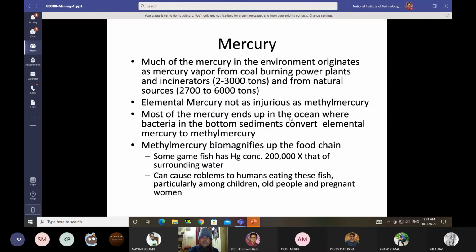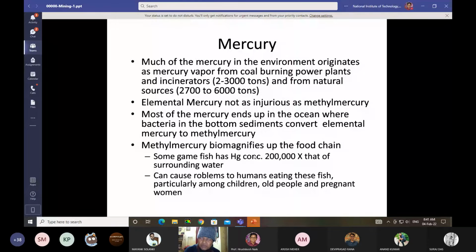Most of the mercury ends up in the ocean where bacteria in the bottom sediments convert elemental mercury to methyl mercury. So methyl mercury biomagnifies up the food chain. So mercury is having a very bad effect on our environment.